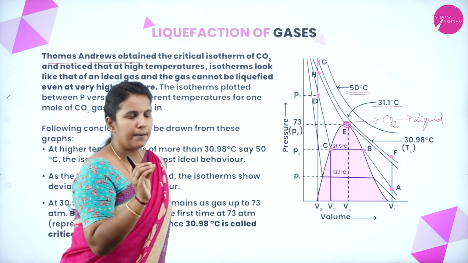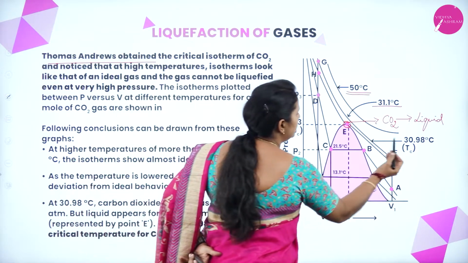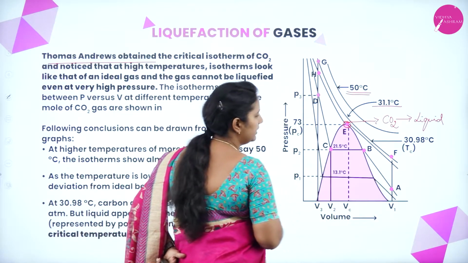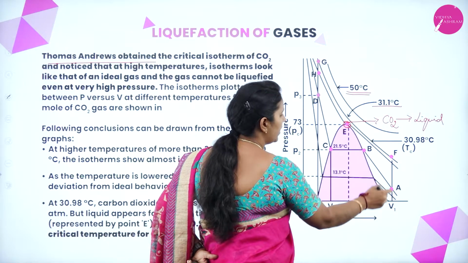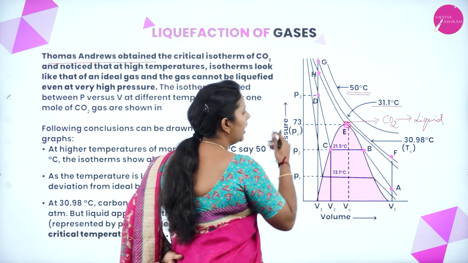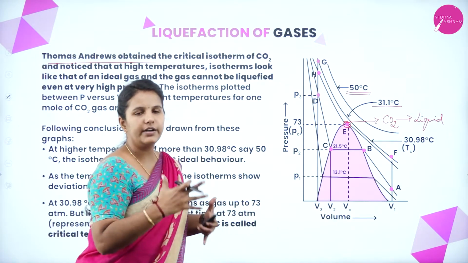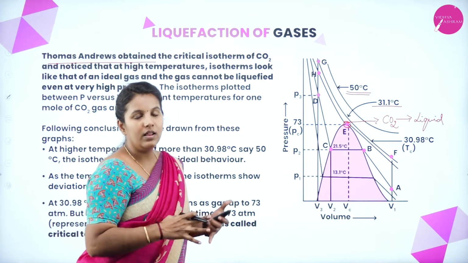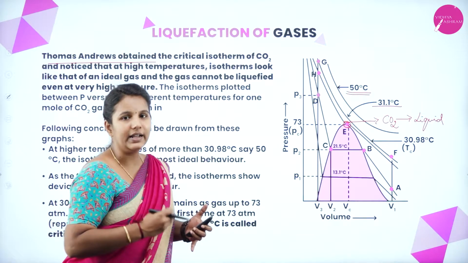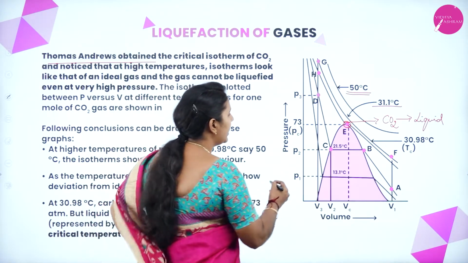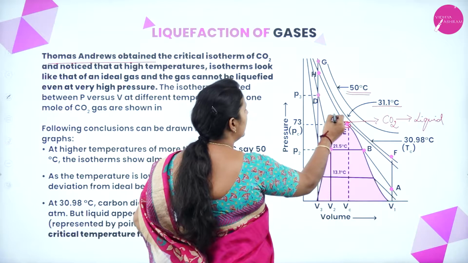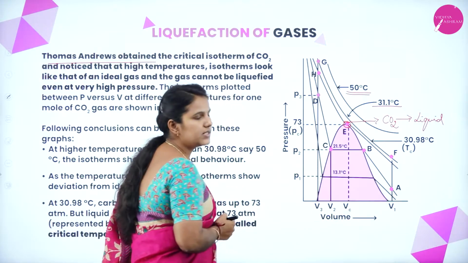At this temperature, 30.98, when he is increasing the volume, at a particular point the entire gas is converted into liquid. This is known as the critical temperature. Again, he increased the pressure and the gas gives a straight line.